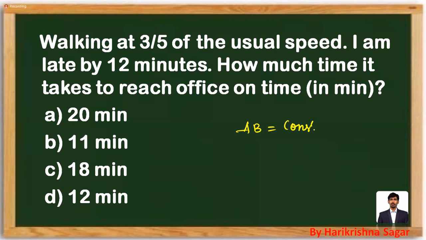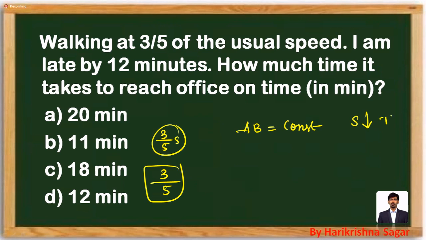3 by 5 of usual speed means the base speed is 5, but you are moving at 3. That means speed is basically decreased. If speed decreases, what happens to the time? Obviously it increases, no doubt in this. So 3 by 5 means on top of 5, there is a decrease of 2.